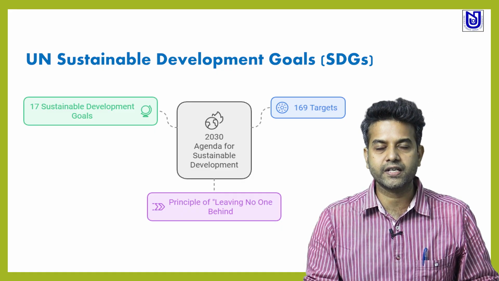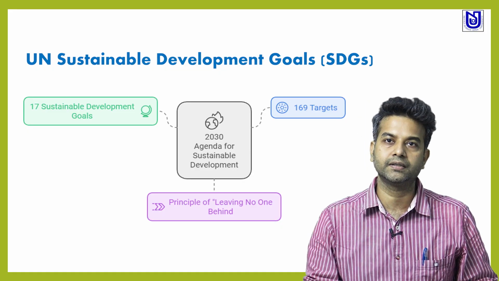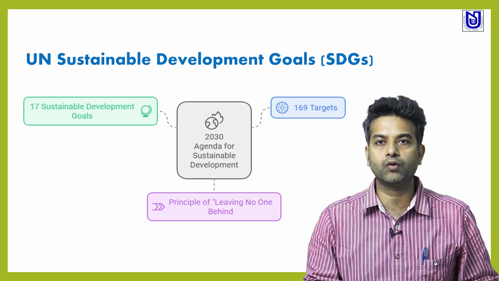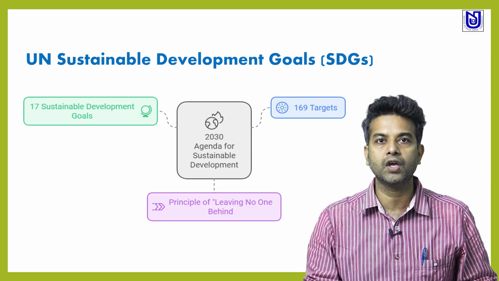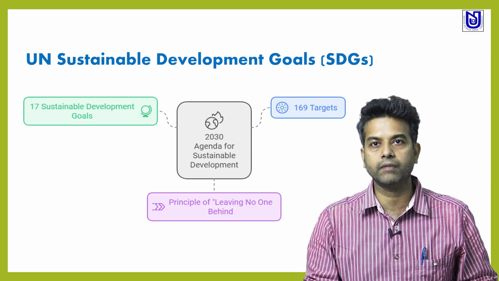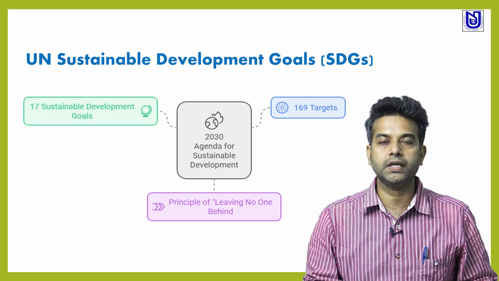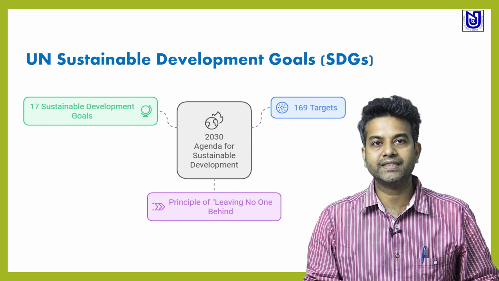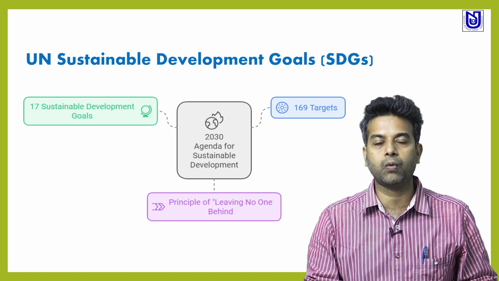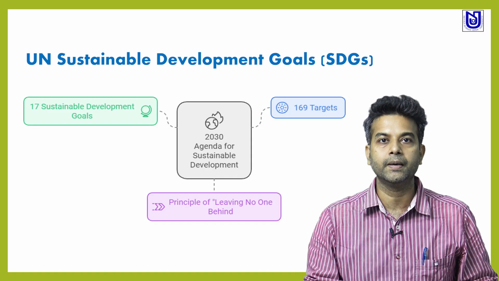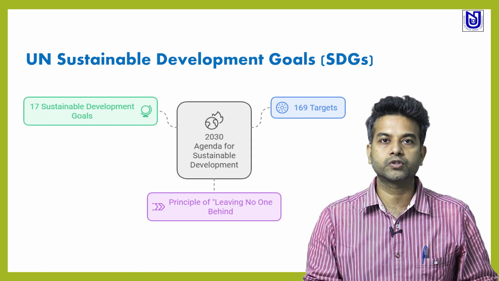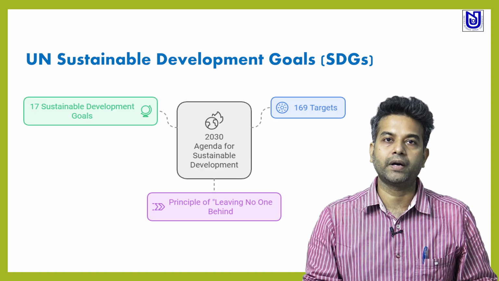Unlike other traditional developmental strategies, the Sustainable Development Goals explicitly balance three core dimensions of sustainability: 1. Social equity, 2. Economic growth, and 3. Environmental protection. And these are based on the 5 pillars, what is called the 5Ps: people, planet, prosperity, peace, and partnership.